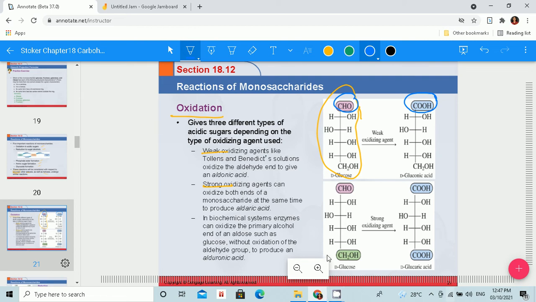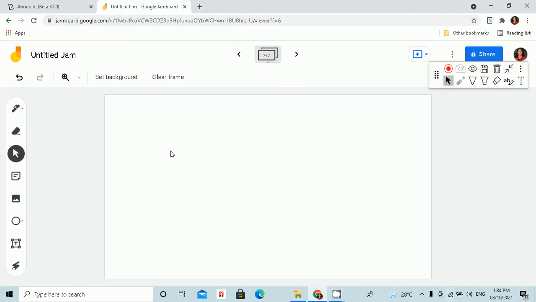I'll give you more on that example. When we have our weak oxidizing agent, and we have an aldehyde, we know that this is an aldehyde when we have a double bond O, and then the H here, and then an R group.